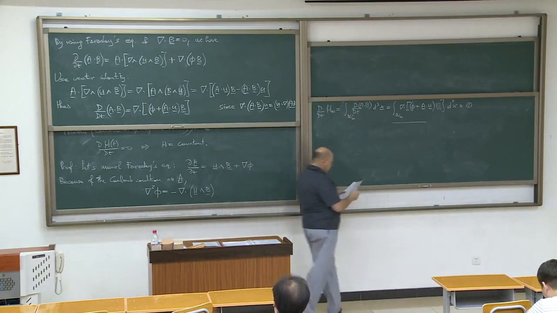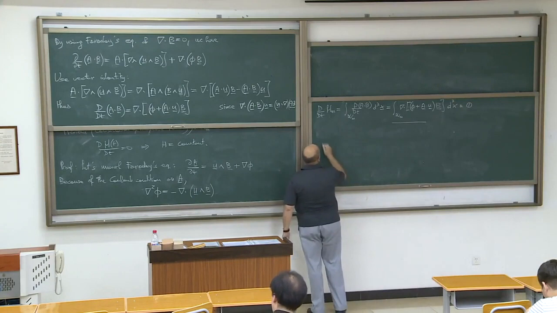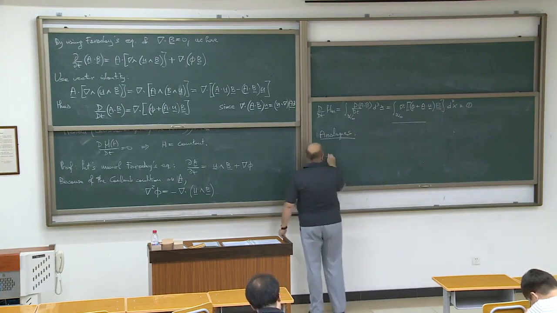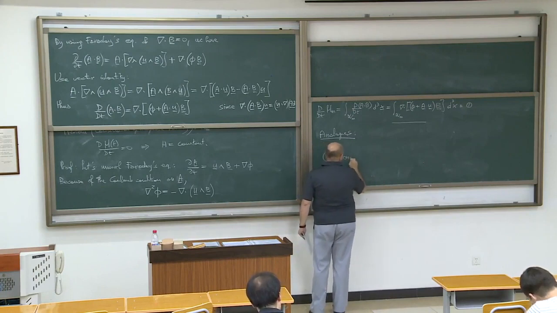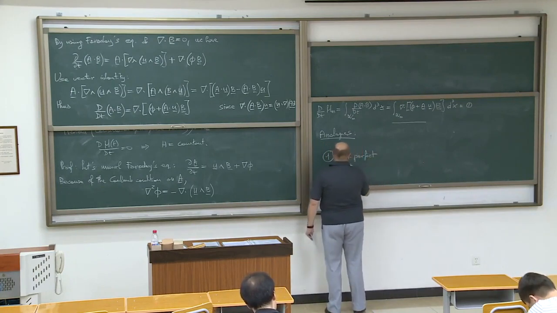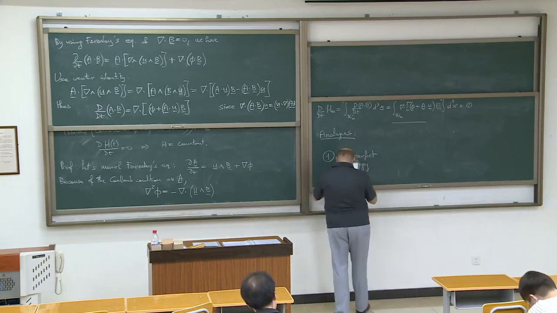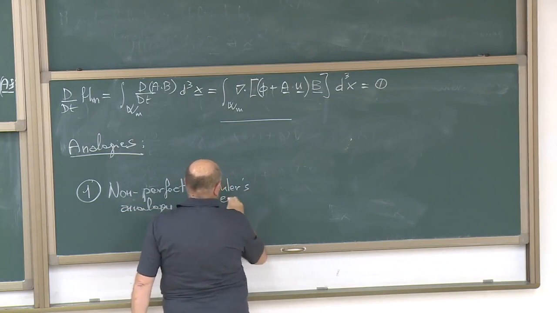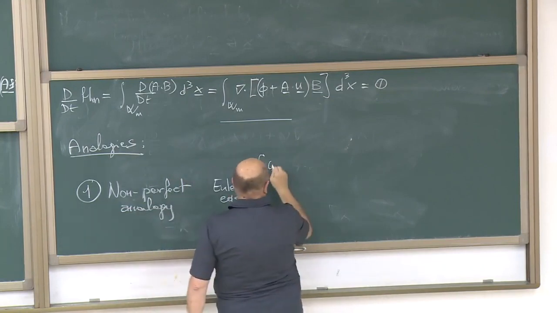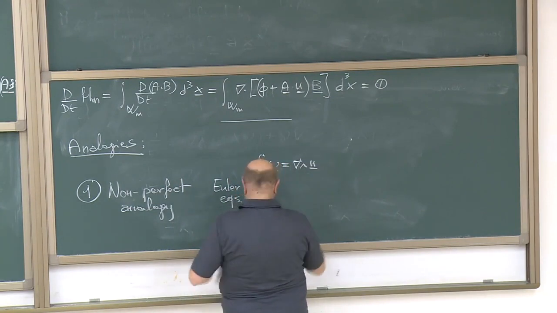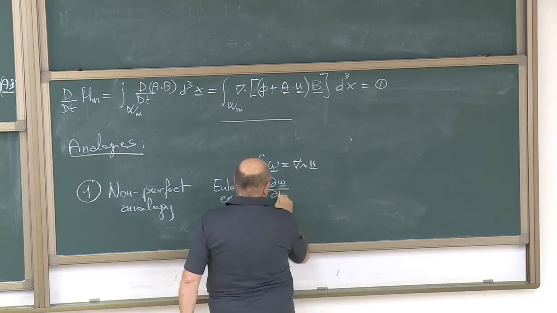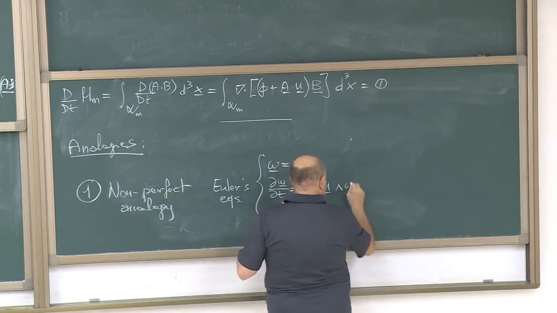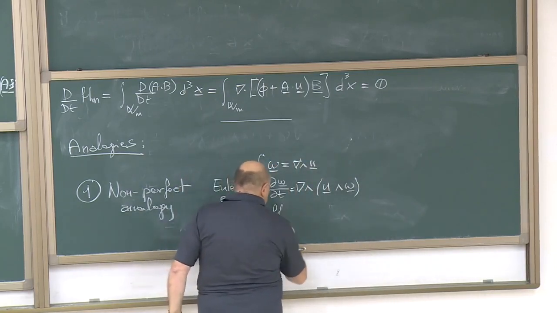Let's mention this. One analogy is the so-called non-perfect analogy, and is between Euler's equation, where omega is given by the curl of U, and then the Helmholtz transport equation for omega, the curl of U cross omega, and finally helicity, kinetic helicity.